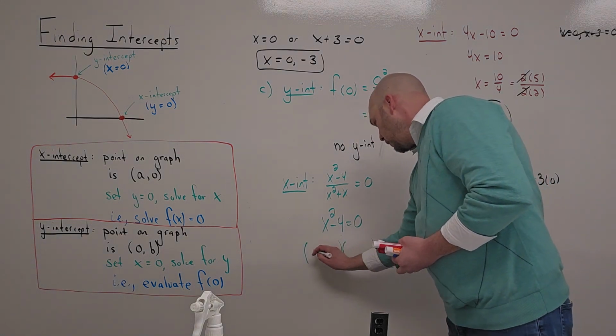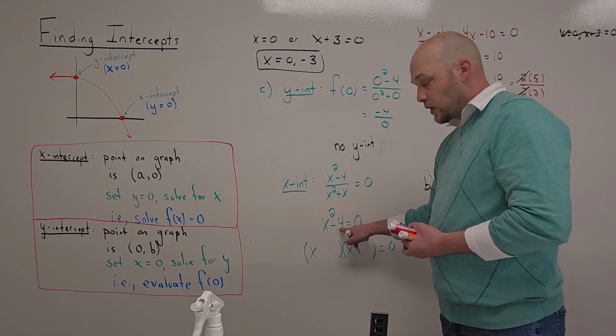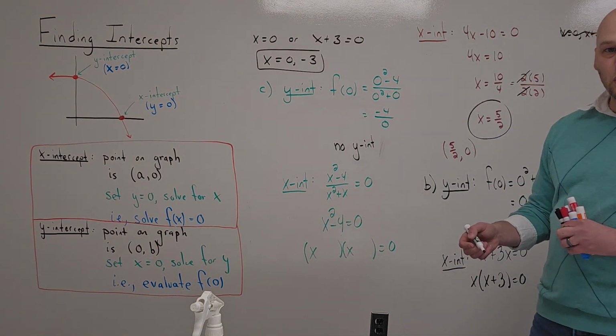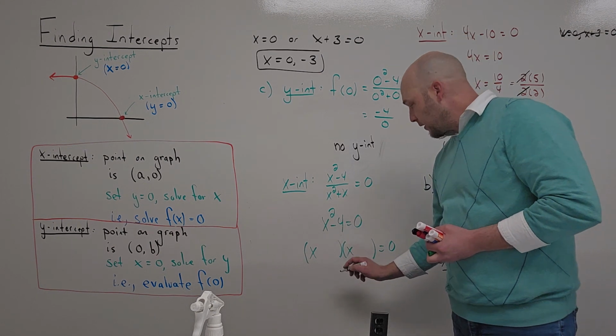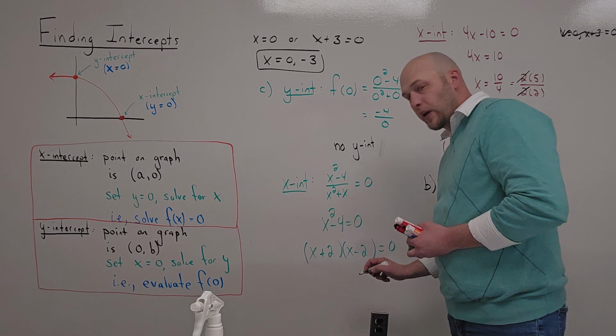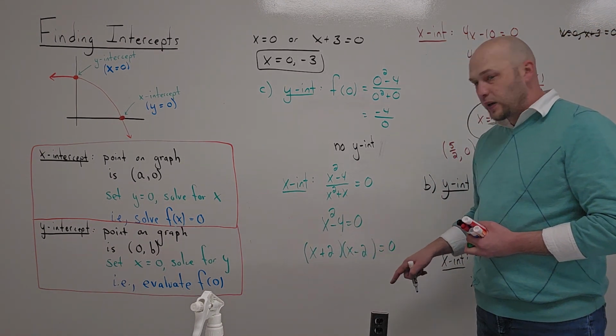This is a difference of perfect squares, x squared minus 2 squared, because of course 4 is 2 squared. And the difference of perfect squares always factors as the sum of the bases times the difference of the bases. x plus 2 times x minus 2 equals 0.